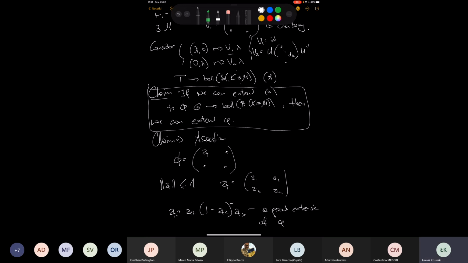Okay, so this means that we need to extend this map. Because this function can be written in this way. This is U times lambda U minus 1. This is lambda, and this is U d1 lambda, dk lambda U minus 1.